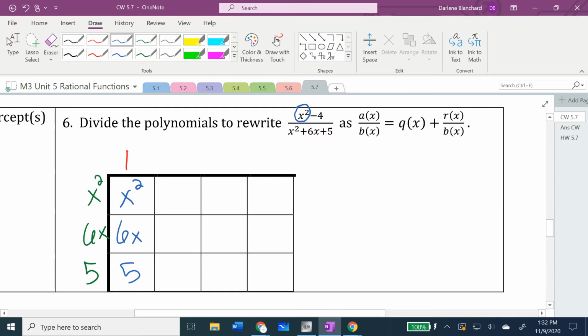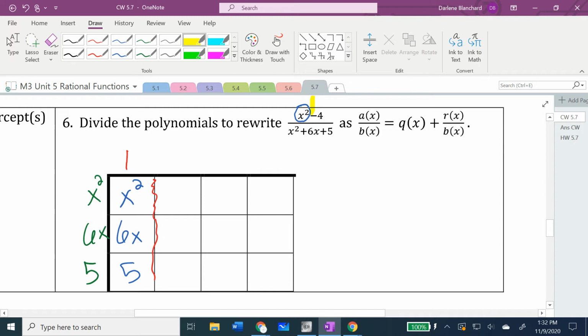And now I've got to figure out what the remainder is. Once my quotient has its constant term, everything to the right of that line I just drew is part of the remainder. I already have my x squared.